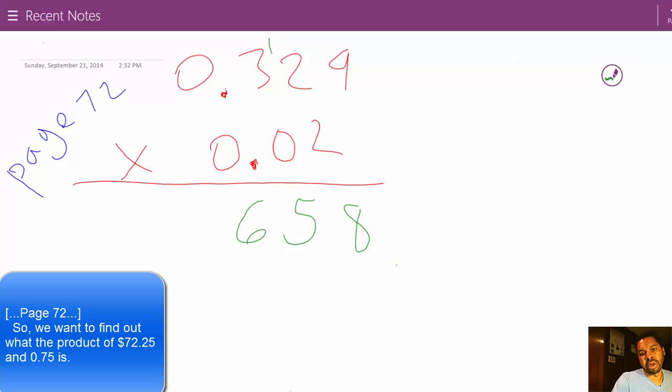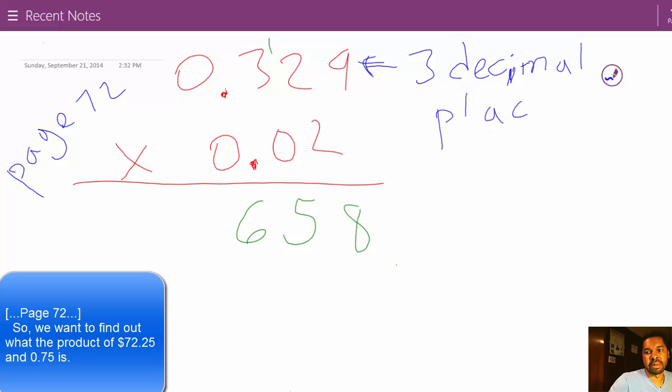Now we're going to count the number of decimal places here. So right here we have 3 decimal places.